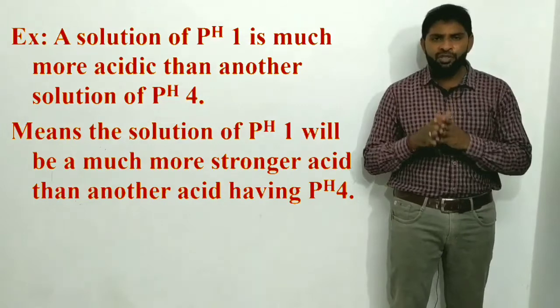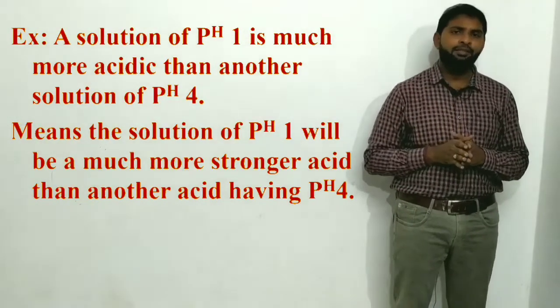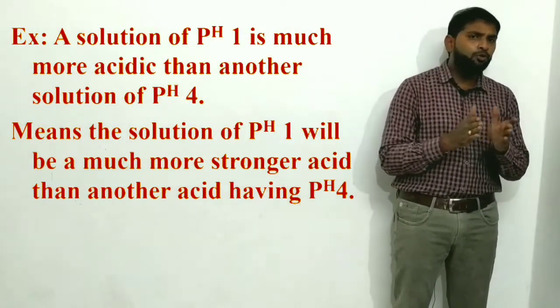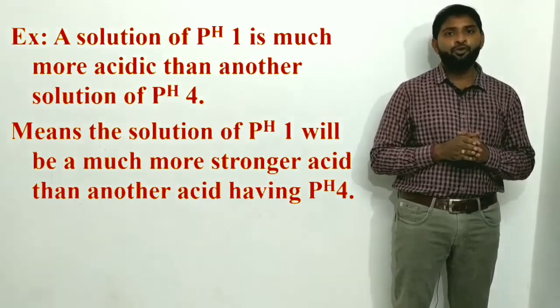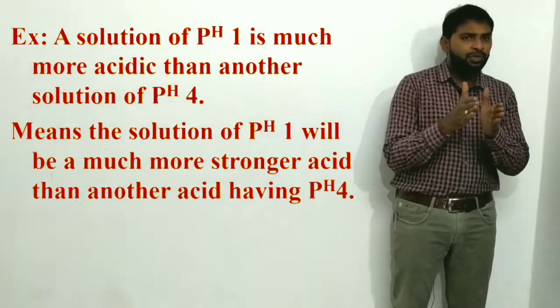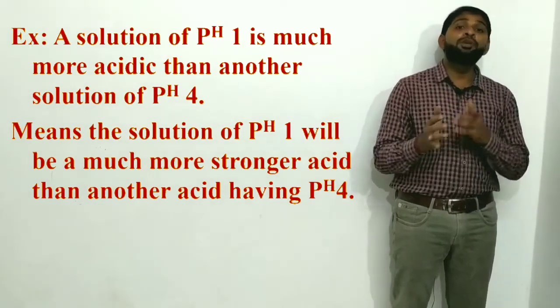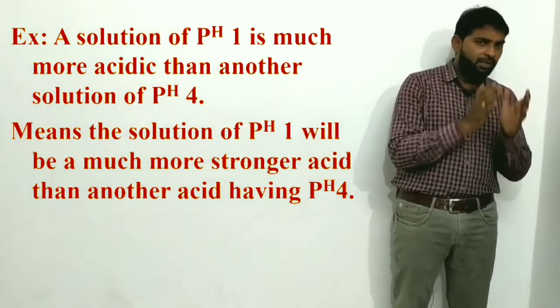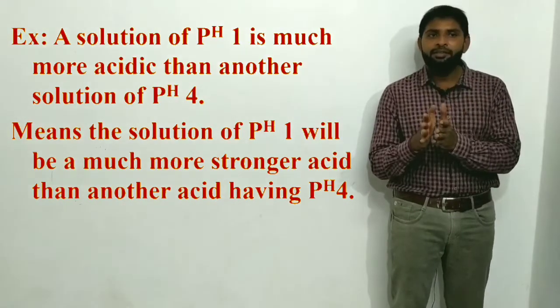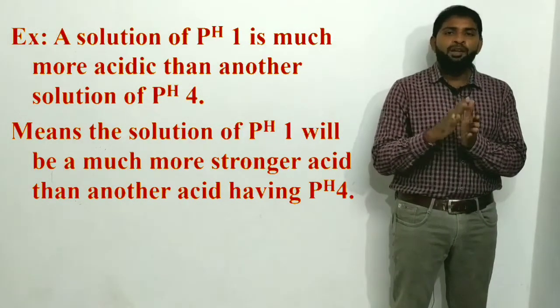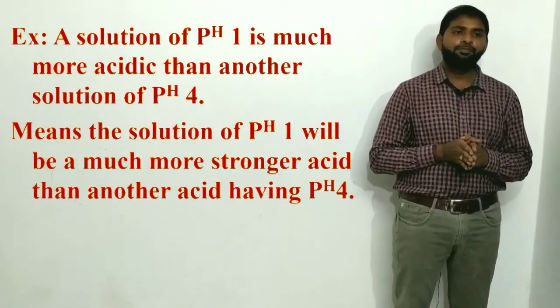If pH value is 6.5, it is a weak acid. If pH is 1, 2 or 0, it is a strong acid. As the pH value is less, the strength is high, inversely proportional.